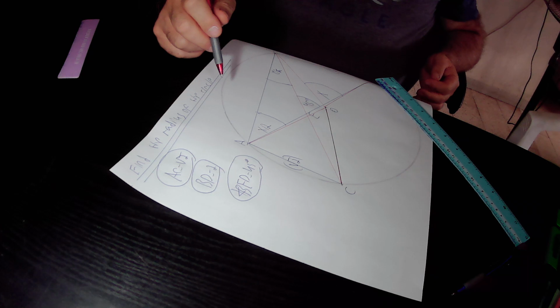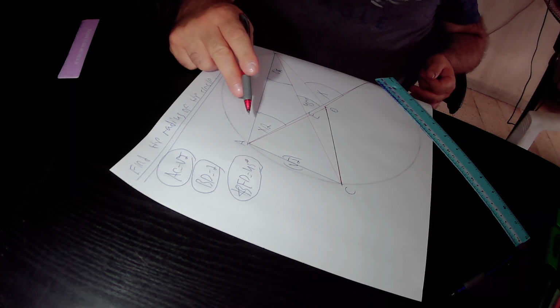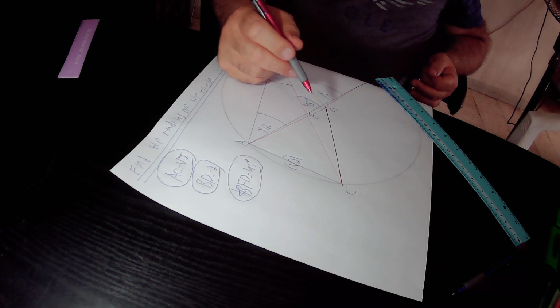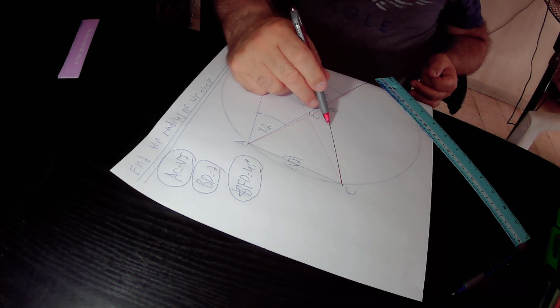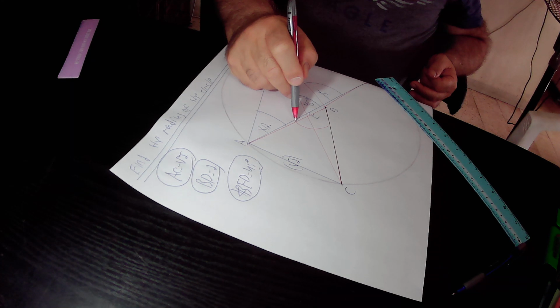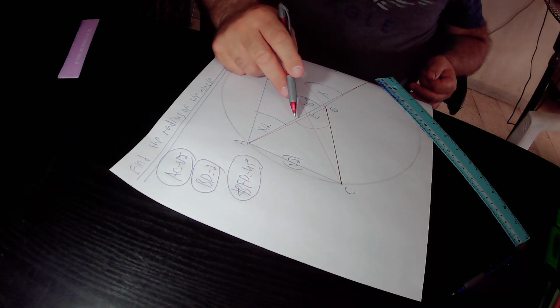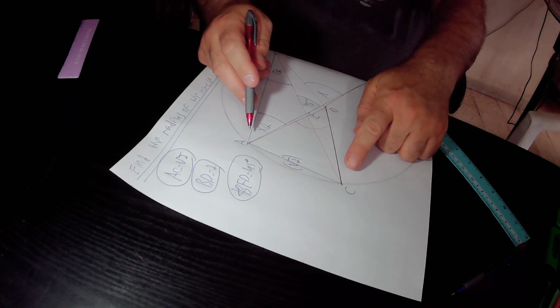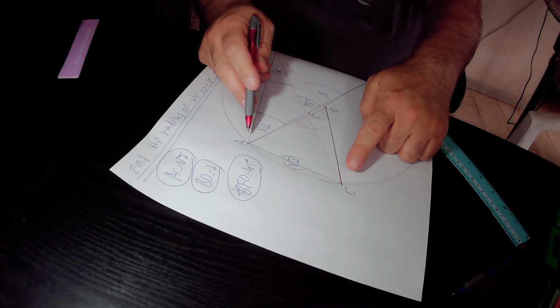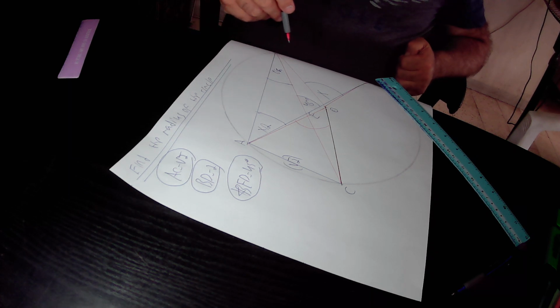Actually, by doing these constructions, we created here central angle COA. This is central angle COA, and central angle COA is subtended on chord AC, exactly like peripheral angle ADC.